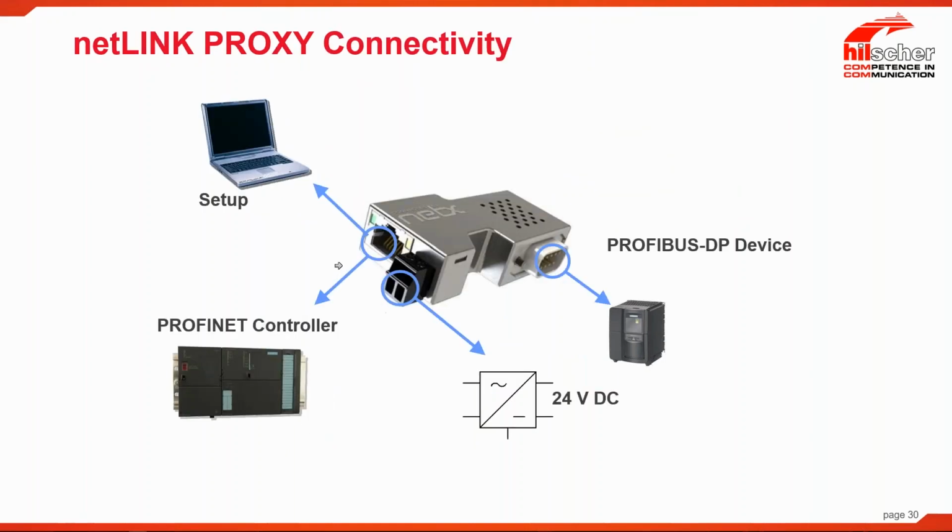netLINK PROXY. This device has one purpose and one purpose only, and that is to put legacy Profibus devices onto new Profinet networks, which means that on this side, you would connect it to a Profibus device. Here's your Profibus connector. And on this side, you would actually connect to your Profinet network where your Profinet controller is.